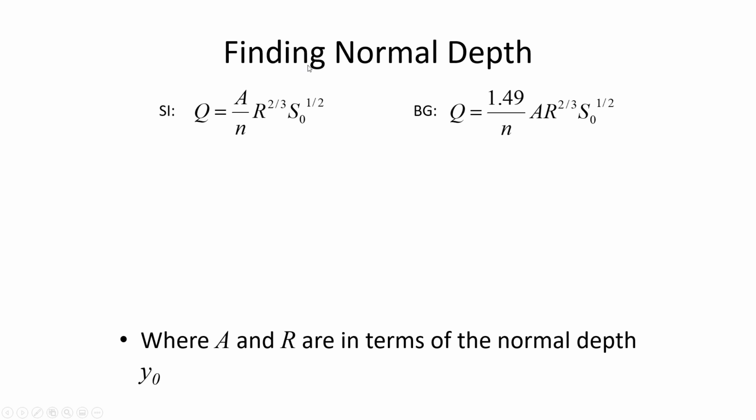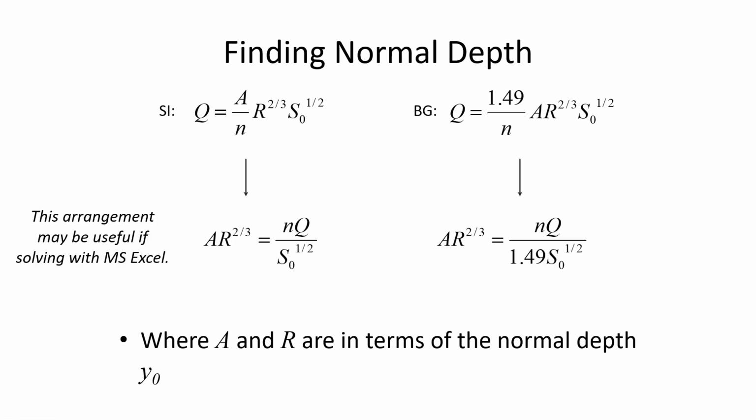Here's Manning's equation if we hadn't yet combined the area and the area inside the hydraulic radius. When we do combine the area to the 3/3 power and the area to the 2/3 power, it's area to the 5/3 power. But what this slide is meant to illustrate is that you can rearrange Manning's equation to put all of the known values on one side of the equation.